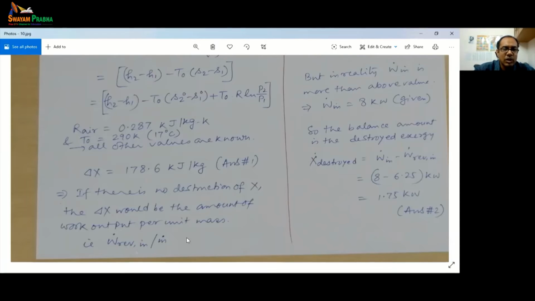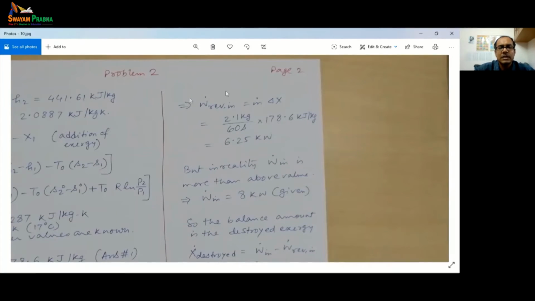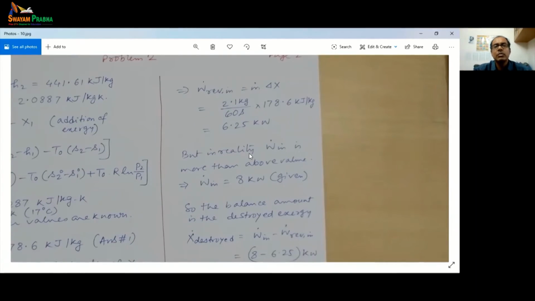So W dot reversible in is equal to M dot into delta X. Whatever exergy change happened in the system will be equal to the reversible work. The mass flow rate we know here, 2.1 kg per minute. So 2.1 divided by 60 kg per second multiplied by the 178.6 kilojoule per kg we just found out. So the reversible work input is 6.25 kilowatt.